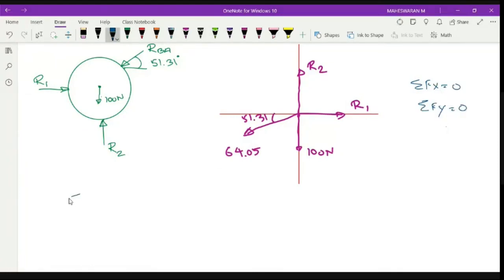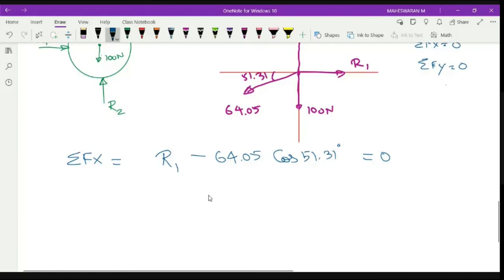Let us identify sigma Fx. R1 positive, R2 not applicable for this axis, R3 brought to x where the angle is decreasing, so cos, minus 64.05 cos 51.31, equal to 0 because sigma Fx is 0. So what is your R1? 40.03.